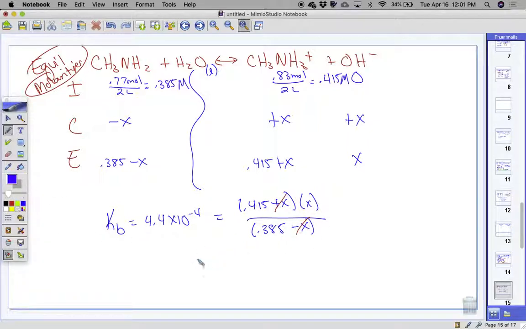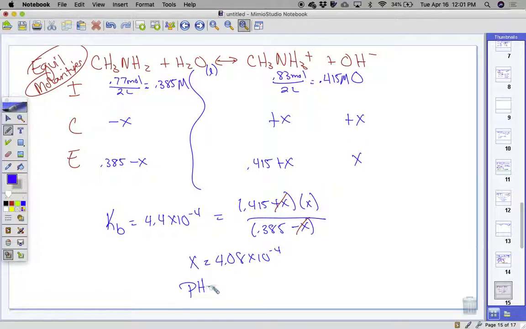And then we're going to solve for x, and somebody's going to tell me what that is. Y'all are too frantically writing. I get 4.08 times 10 to the negative 4th. Yeah, because these are very similar, so that makes sense.